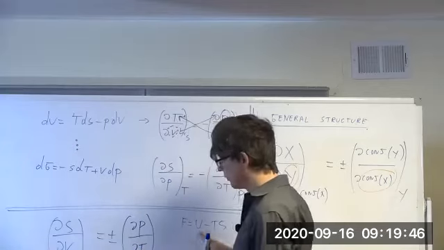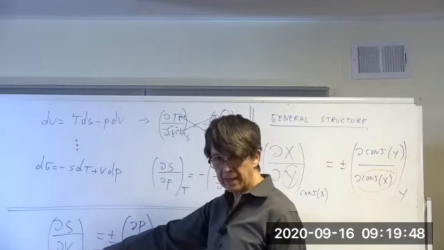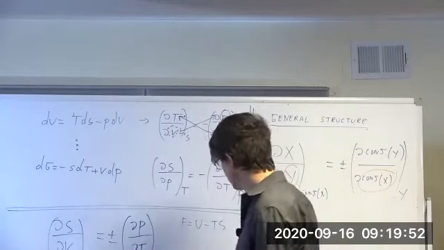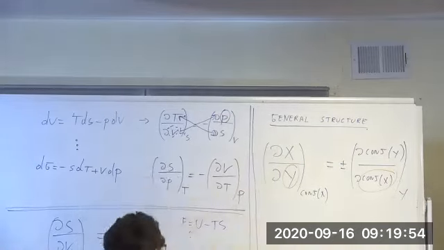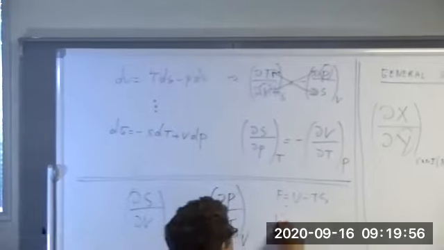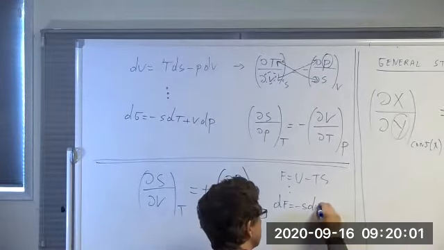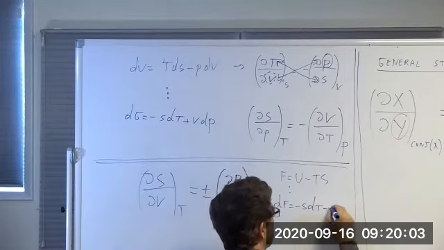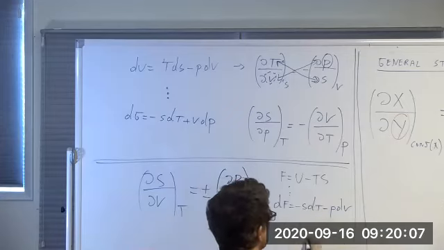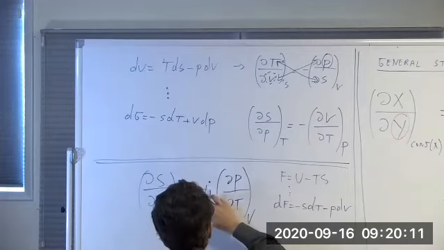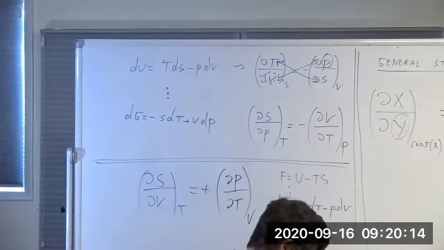Because u would have v as a variable and s, but I need to go to the conjugate t, so I do minus ts. I work through this, and I would get df is minus s dt minus p dv, right? If you do this, and you take the Maxwell relation of this, you would end up with the plus sign because you got two negative signs, right?